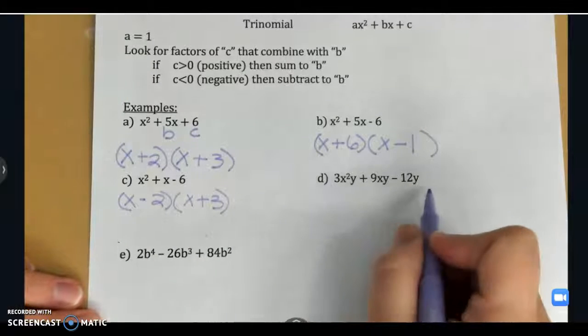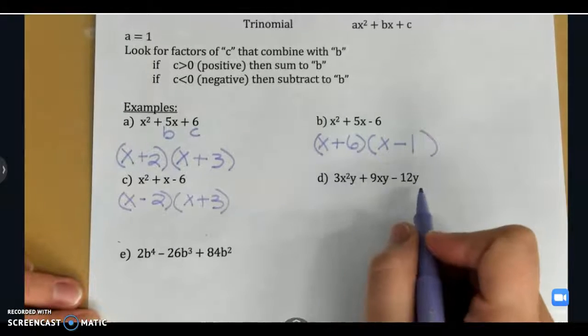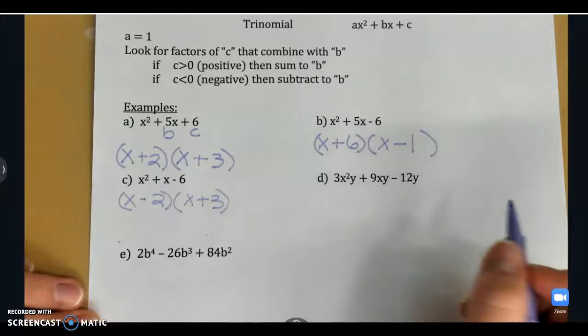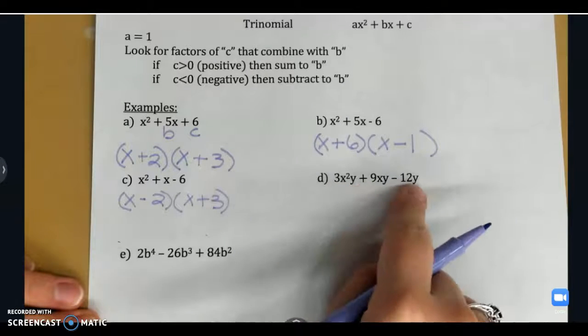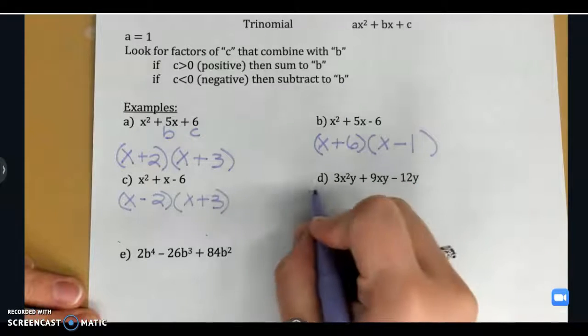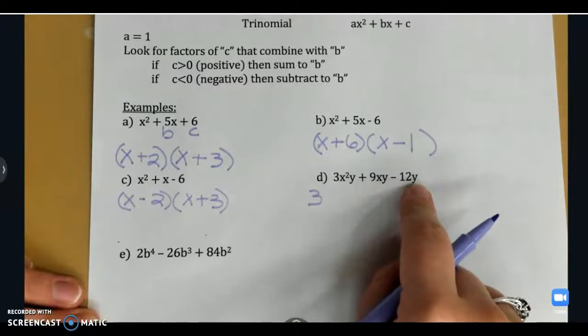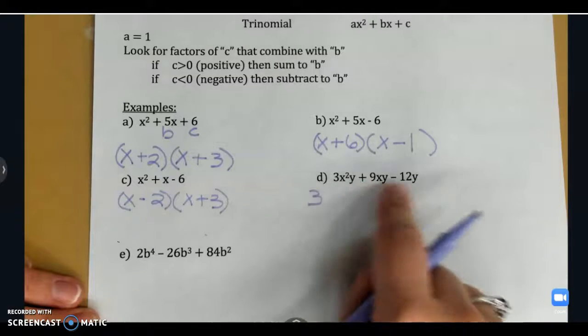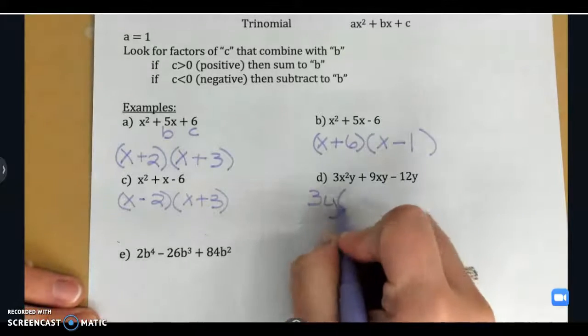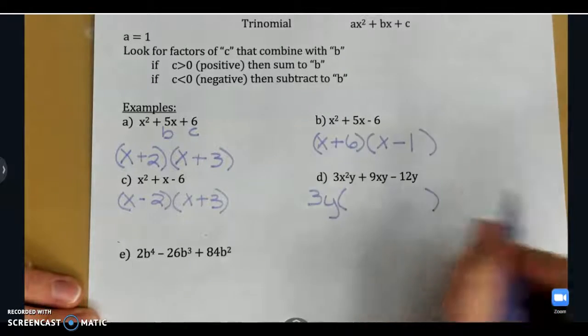Okay. Now on D, I have 3 terms here, but I want to take out a greatest common factor first. So between 3, 9, and negative 12, my greatest common factor there is a 3. I don't have an x in this last term, so I cannot factor out an x, but I do have a y to the first power in each of those 3 terms, so I can take that out as well.